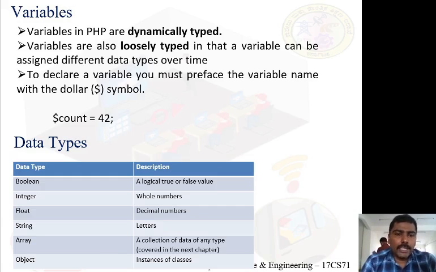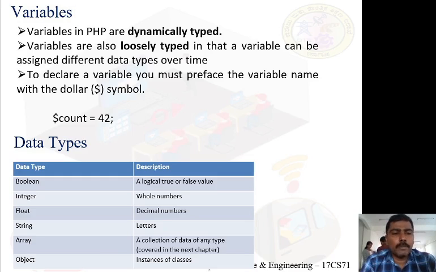Now coming to data types available in PHP. The first data type is Boolean. We know Boolean means either true or false. The next data type is integer. Integer means a whole number without a decimal point. The next data type is float, which allows numbers with a decimal point, that is, fractions.